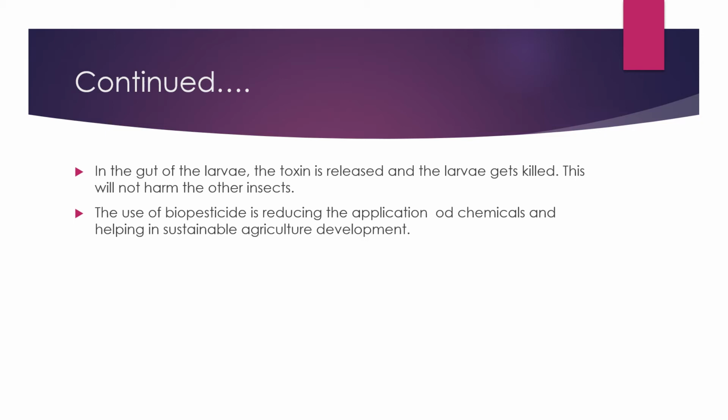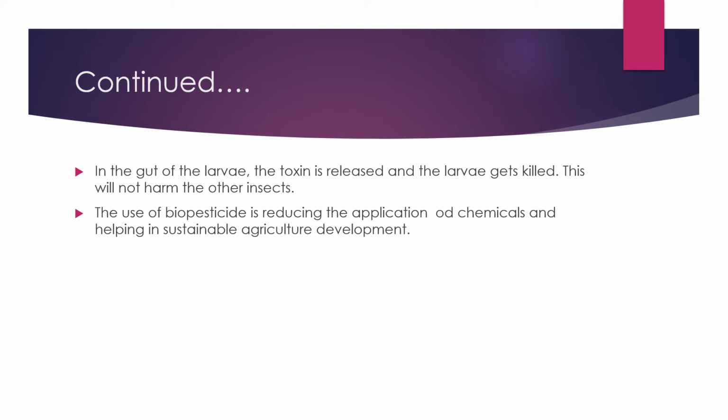This will not harm any other insect which we have not kept as a target. Why only those are affected is because this cry protein is actually an inactive protein, but when it reaches the gut of the larva, it becomes active, and that is why it is able to kill them.